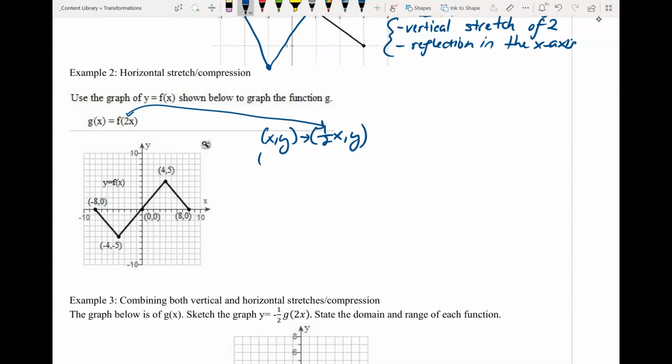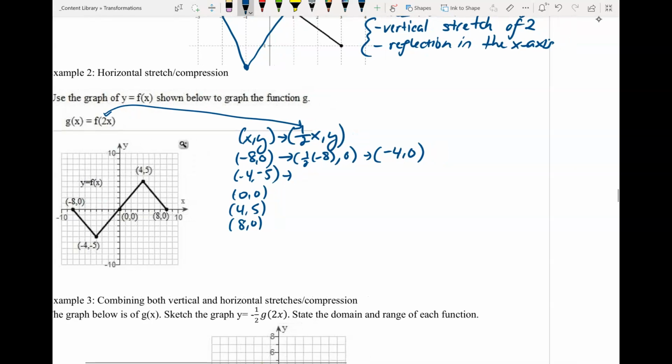Now we're going to pick those points that were given to us from our original graph, and then we'll perform the transformation on them. We take -8 and multiply it by a half, and leave the y alone. So this is (-4, 0).